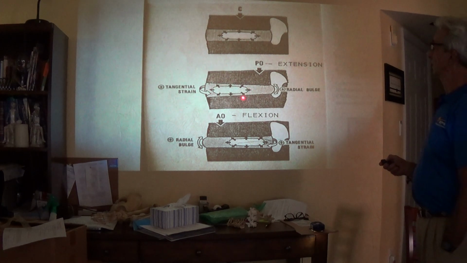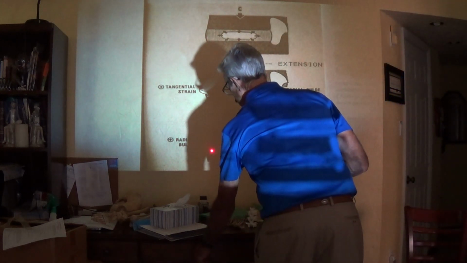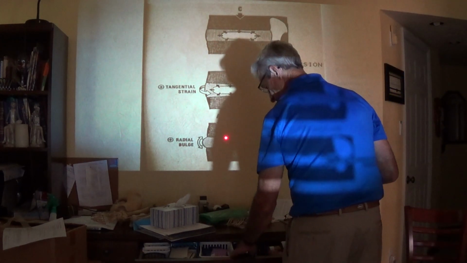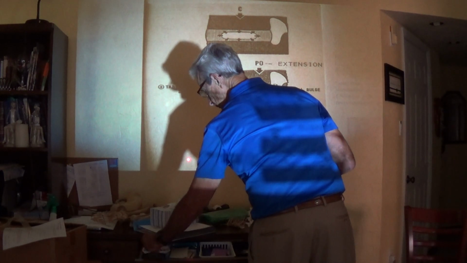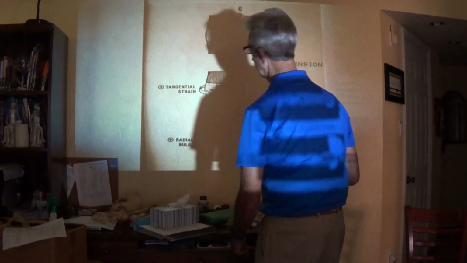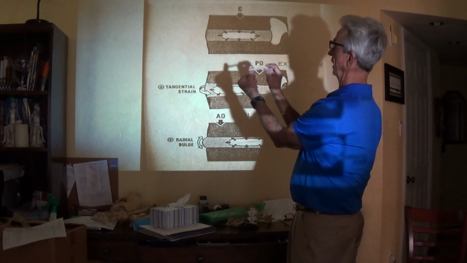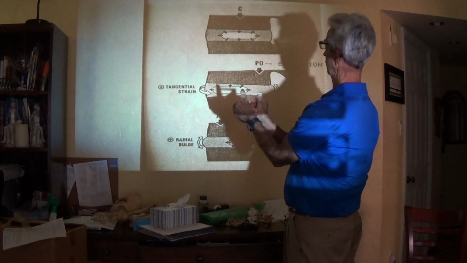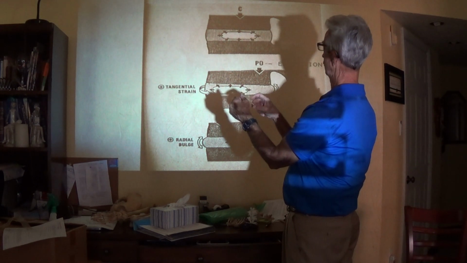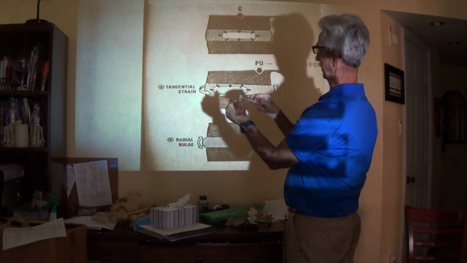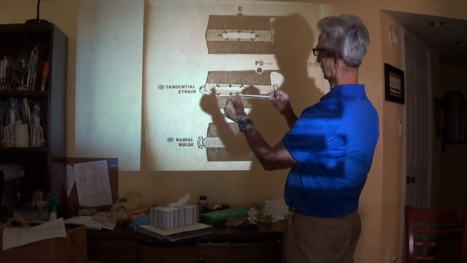But at any rate, you're getting this tangential strain, and I like to liken that to a rubber band, whereas with the disc like so, as you get the pressure pushing out, then you have this strain on these fibers going this way.